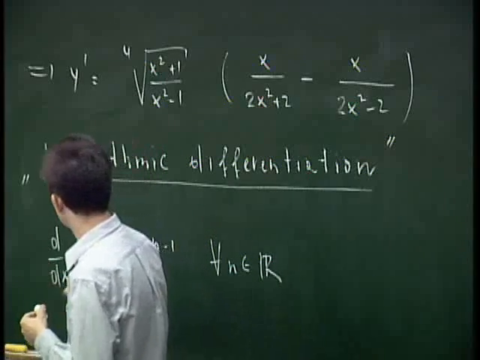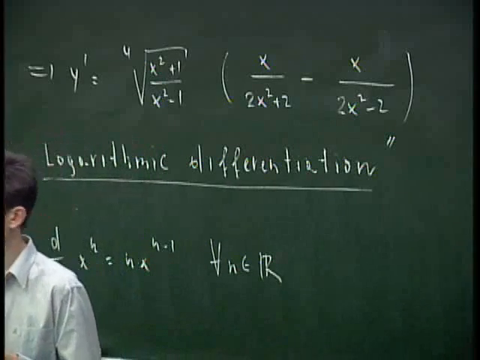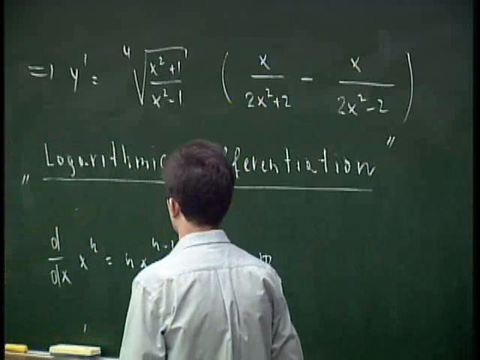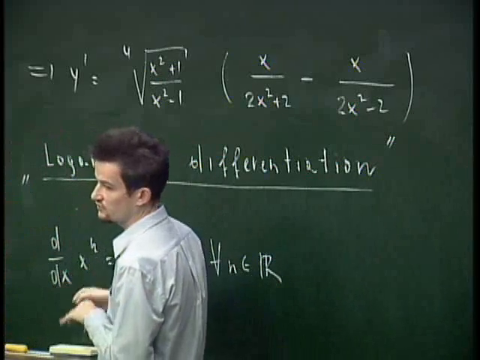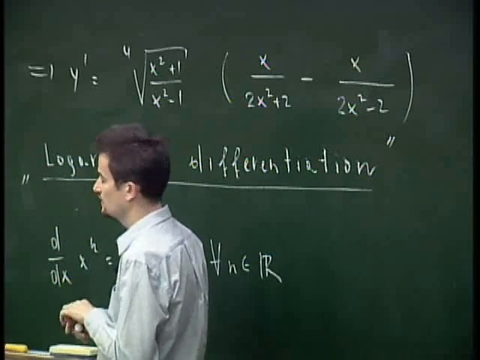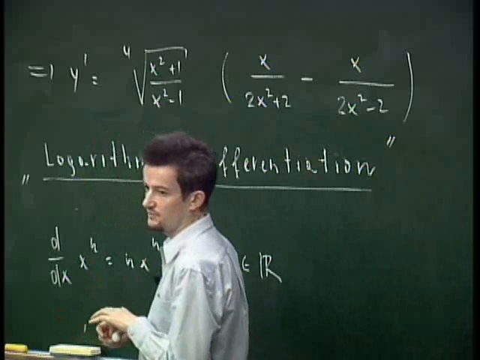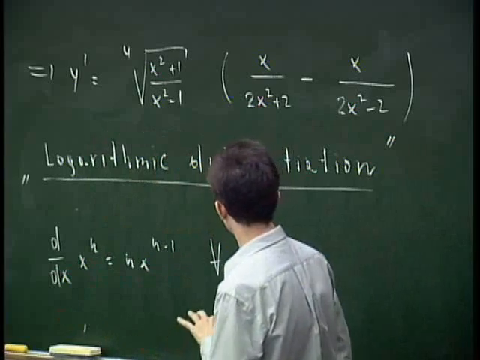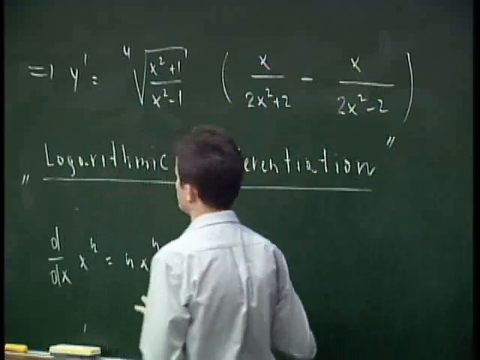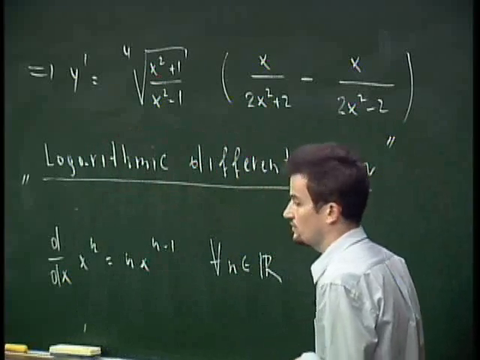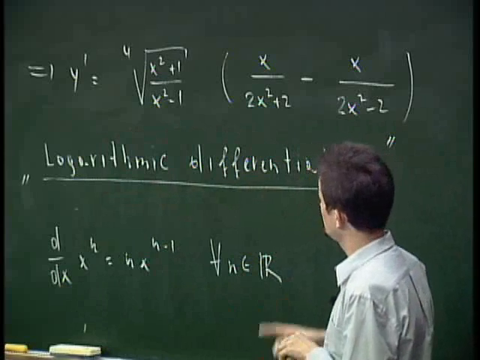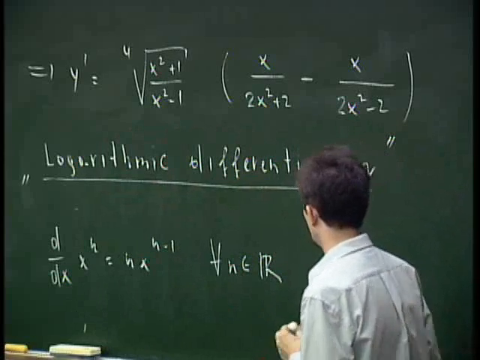Then for negative n, we have used the quotient rule in order to prove this. And last time I have shown you how to use the method of implicit differentiation to get the case where n is a rational number. And now, in order to prove this rule for n being any real number, what we use is the method of logarithmic differentiation.